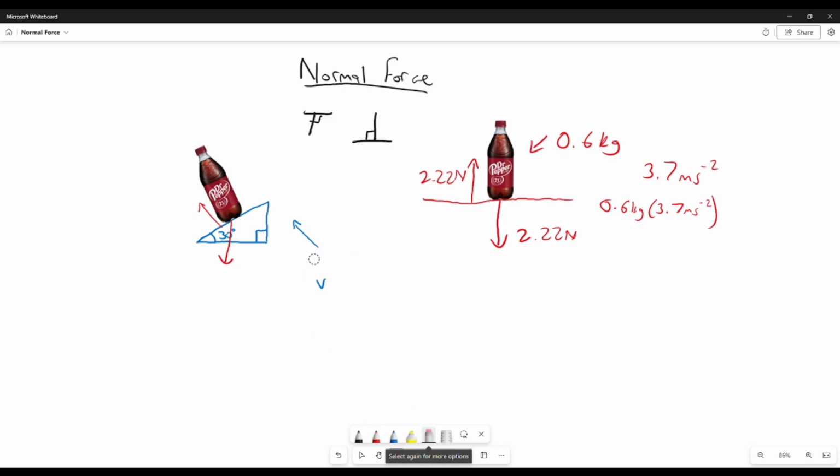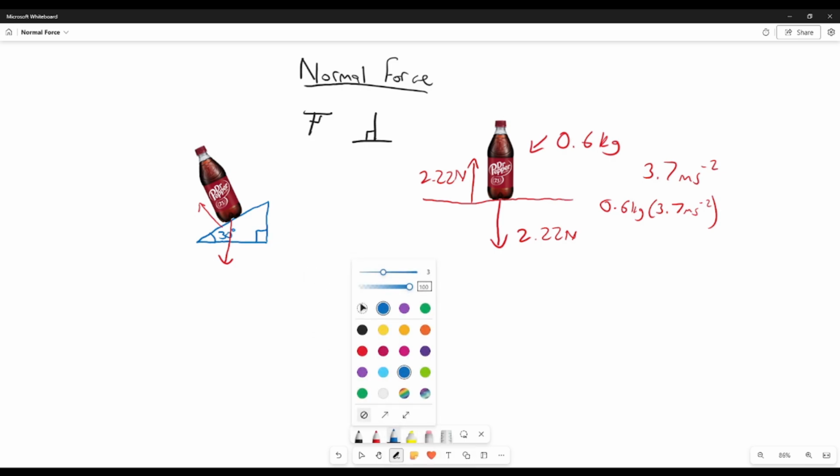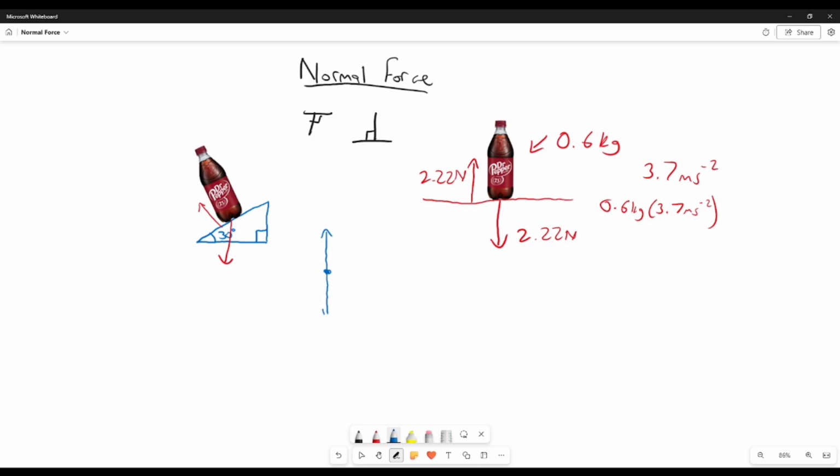In my opinion, it just makes it easier to think about, so we'll go ahead and do that. Here's our bottle, here's the normal force, here's the force acting in the opposite direction, and here is the weight due to gravity. So remember that the weight of our bottle of Dr. Pepper on Earth is 5.88 newtons.